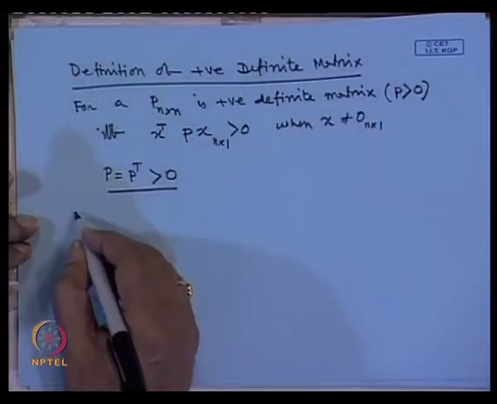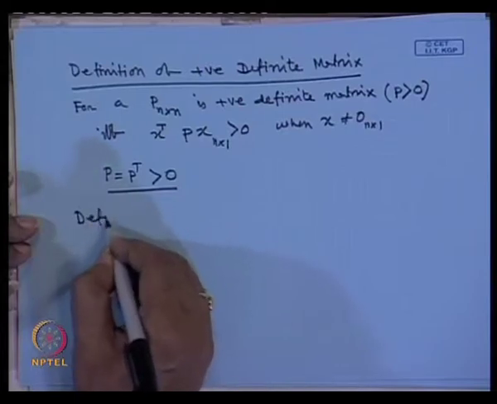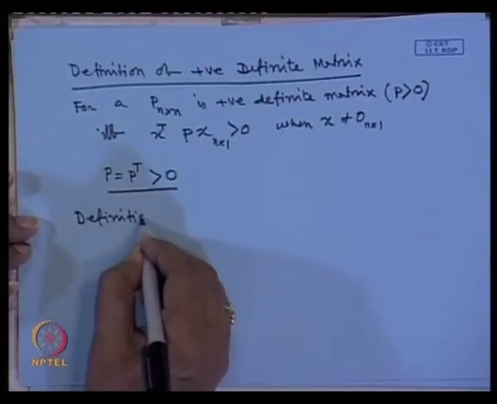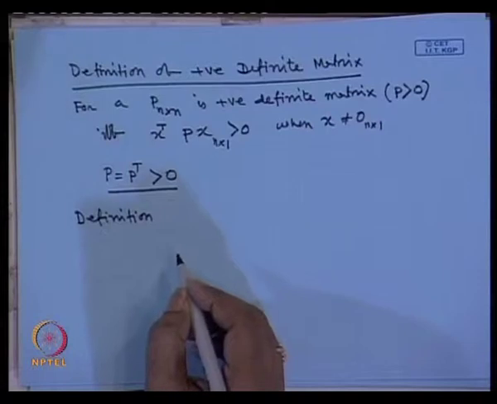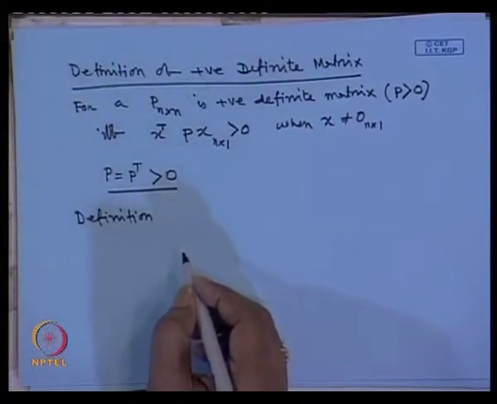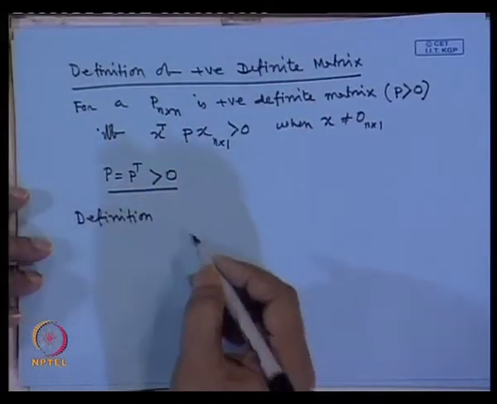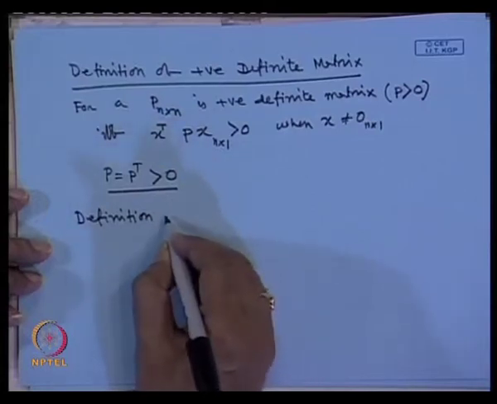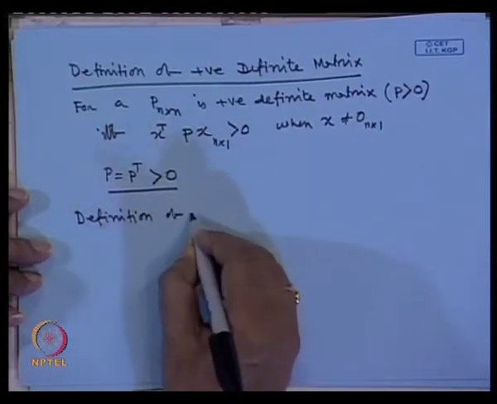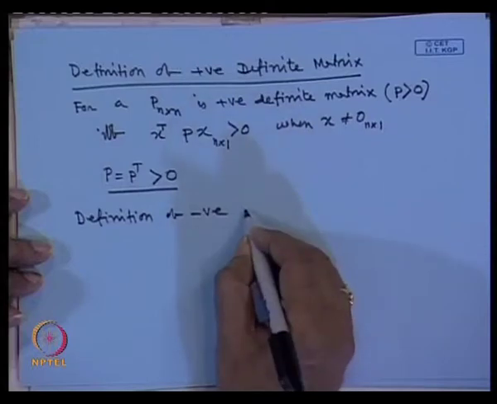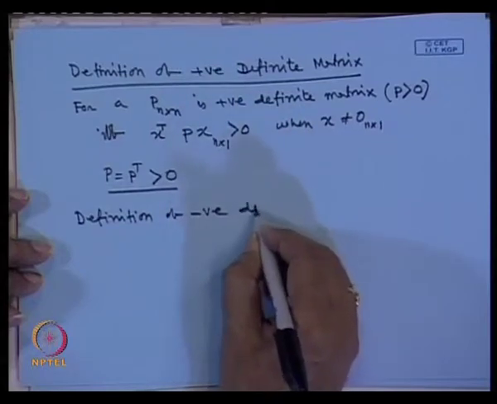So, next is the definition of negative definite matrix.